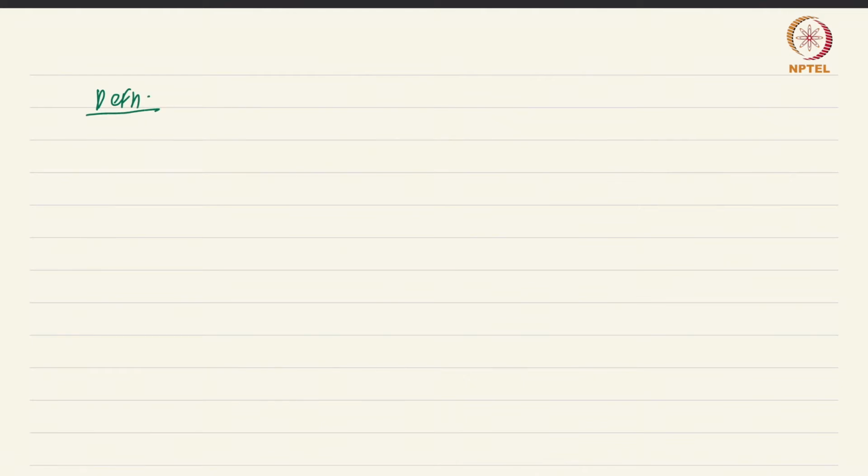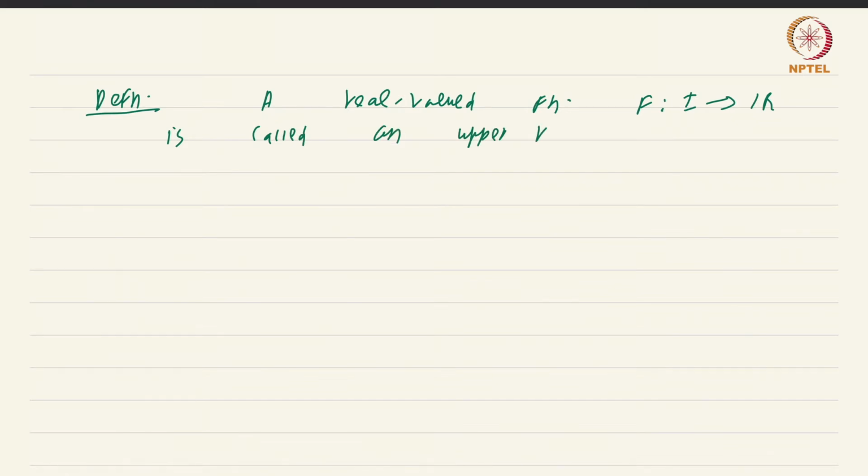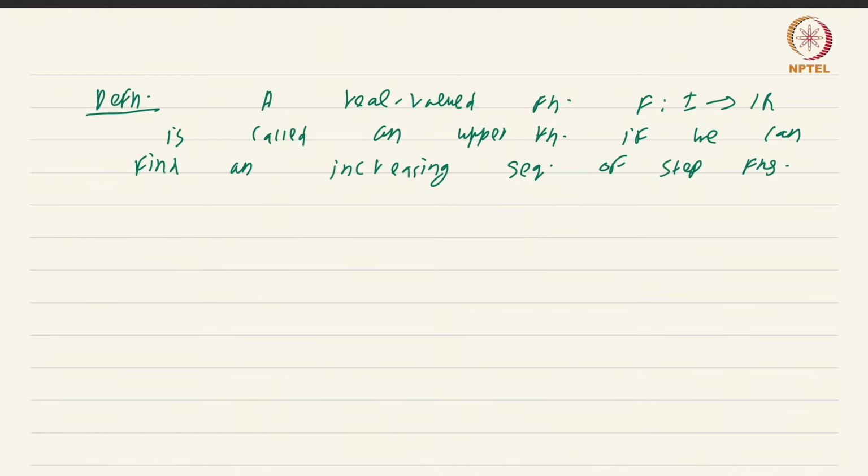A real valued function f from I to R, where I is some general interval, is called an upper function if we can find an increasing sequence of step functions Sn such that Sn increases to f almost everywhere and the limit as n goes to infinity of the integral over I of Sn is finite.